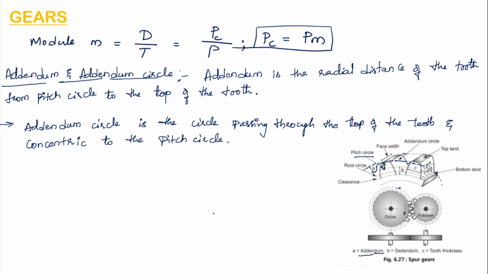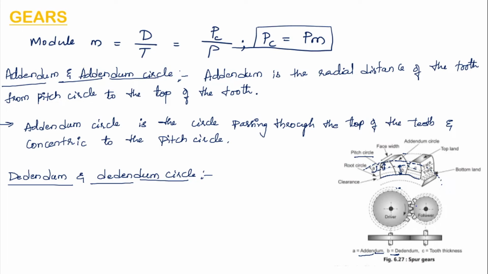Then the next term is the dedendum and dedendum circle. Dedendum is the radial distance of the tooth from the pitch circle to the bottom of the tooth. Here you can see B is mentioned, which is the dedendum.